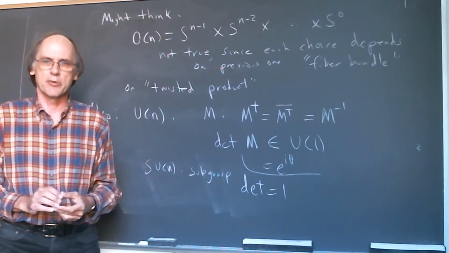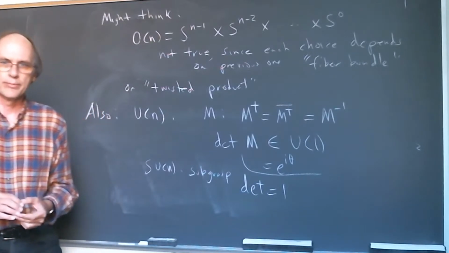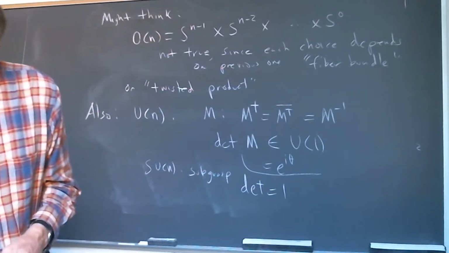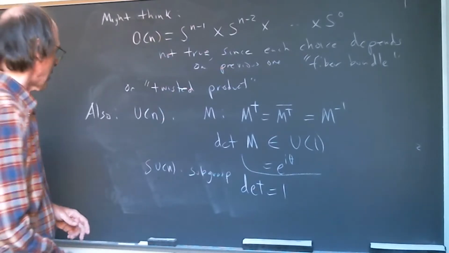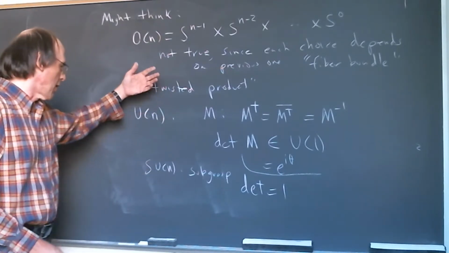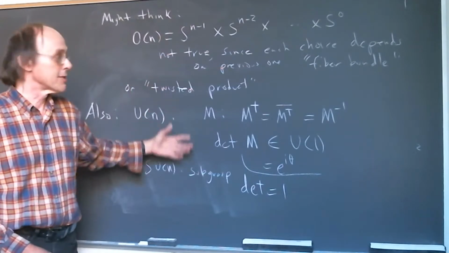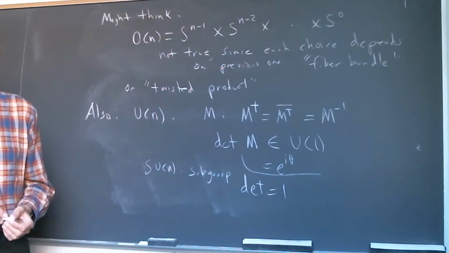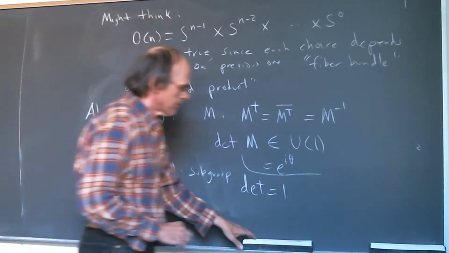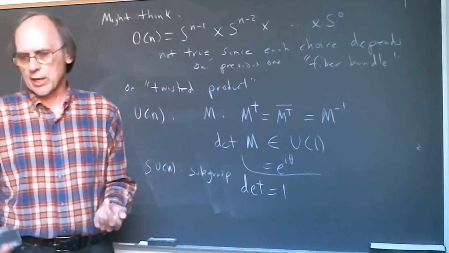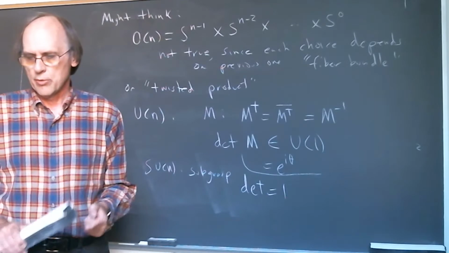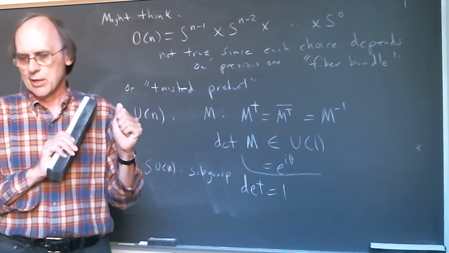So what we're going to do today is get to the main piece of technology that you do use to work with these things, which is the notion of a Lie algebra.